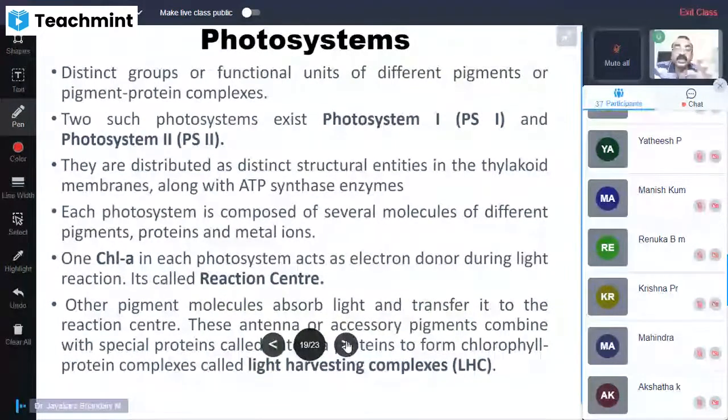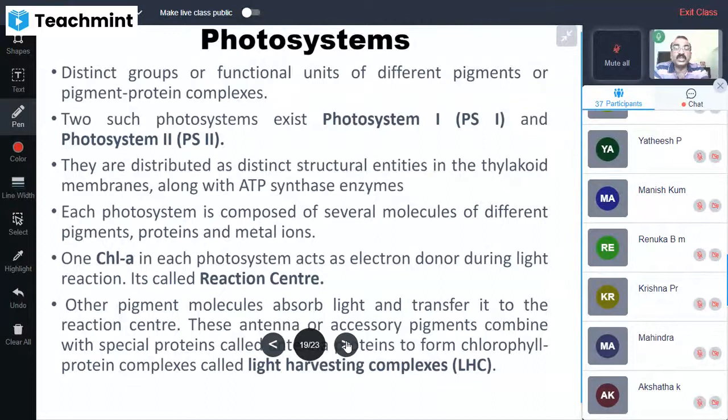Surrounding the reaction center, there will be other pigments like chlorophyll B, C, D, xanthophyll, many molecules of other pigments. Now these pigments do not play a direct role in photosynthesis. What they do is they absorb light, and this energy is transferred to the central chlorophyll A molecule, that is the reaction center.